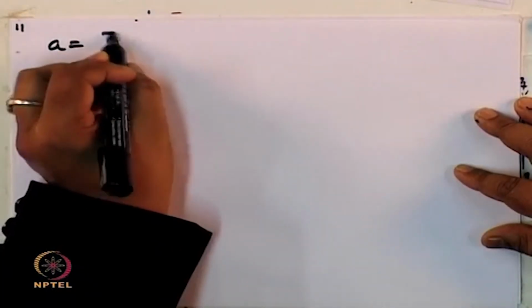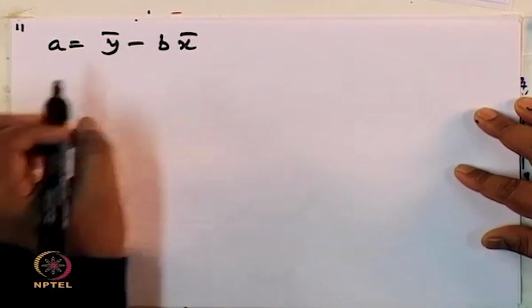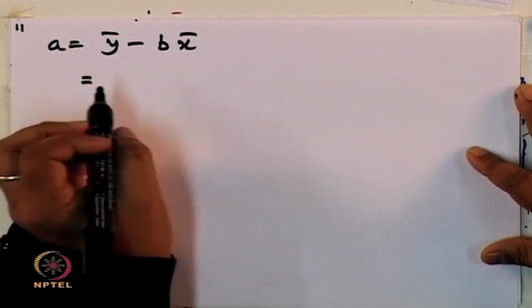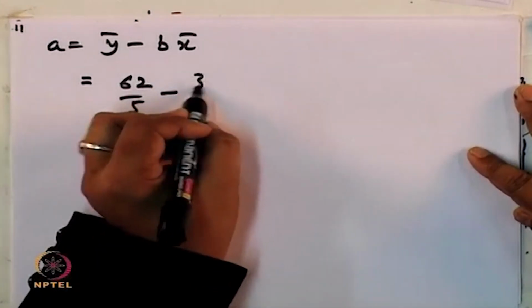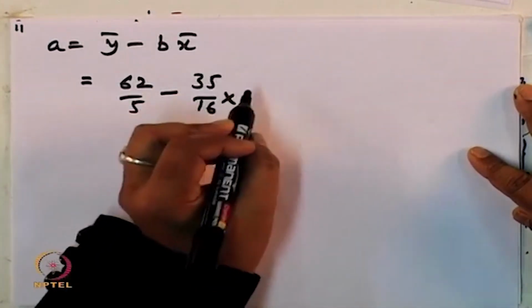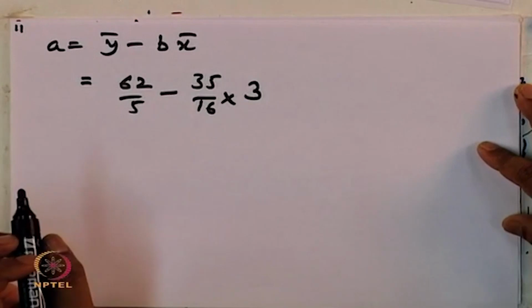And a comes out to be y bar minus b times x bar, which is 62 by 5 minus 35 by 16 into 3.